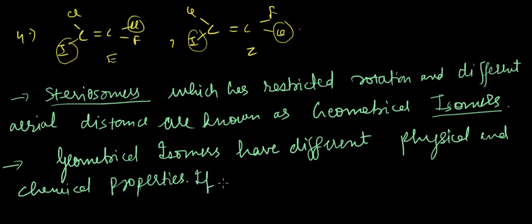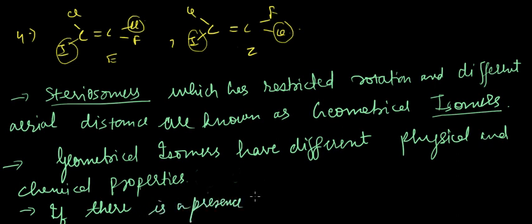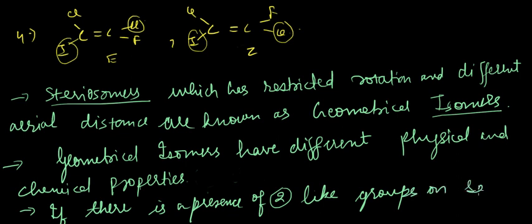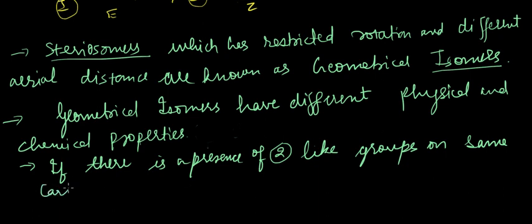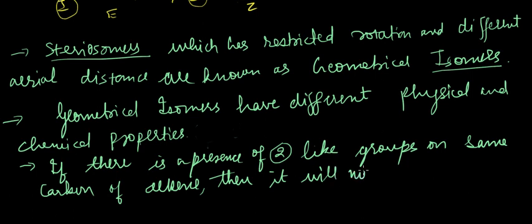And let me write a separate point because it is very important: if there is a presence of two like groups on the same carbon of an alkene, then it will not show geometrical isomerism.